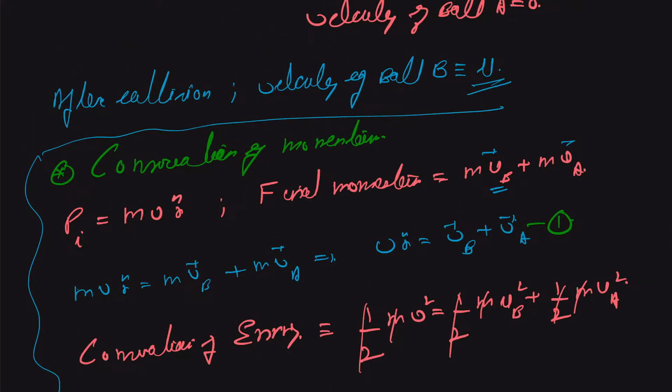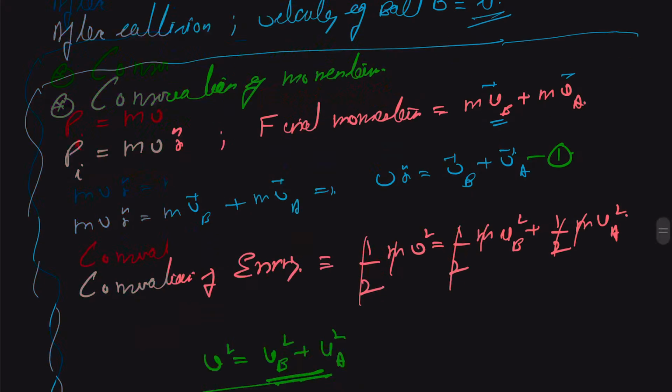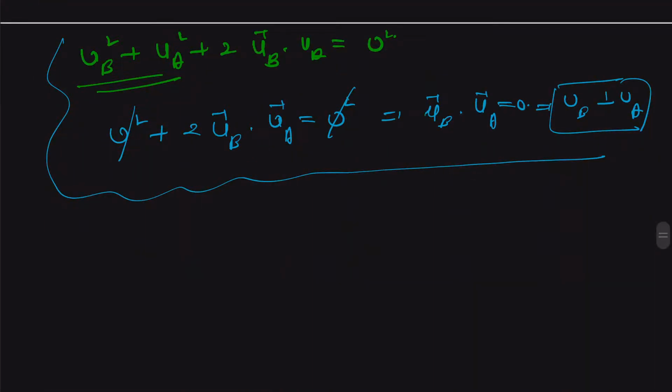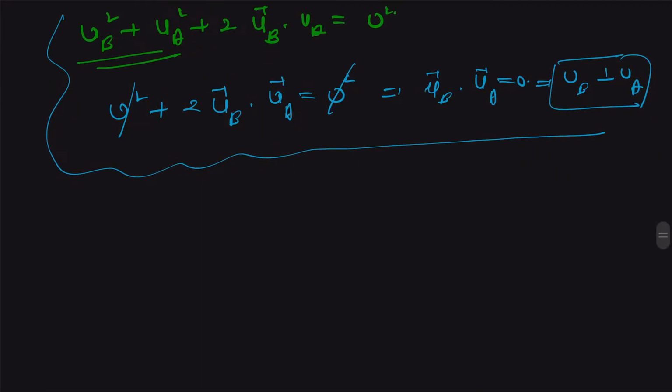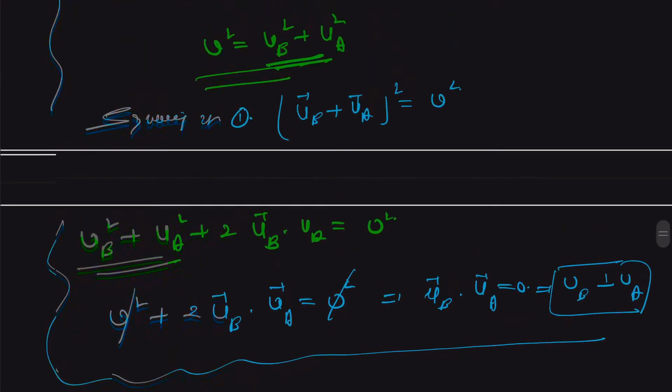So we have to keep this in mind. This part was only for the proof. So we know that the velocity of the ball b is u.